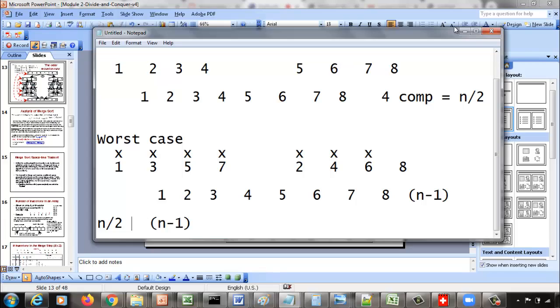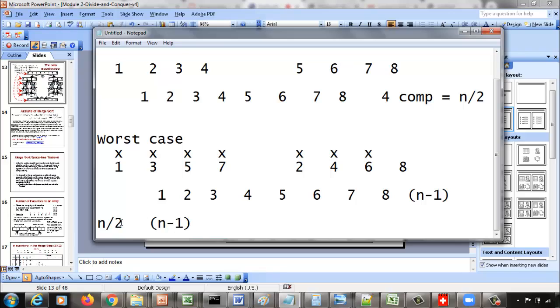If you want to analyze in terms of asymptotic time complexity, the policy we follow so far is discard the lower order terms and discard the coefficient, if any, for the most dominating term. So for n over 2, there is no lower order term, it's just one term, and the coefficient of this term, which is half, should be discarded as n grows larger. That's not a significant thing to look at.